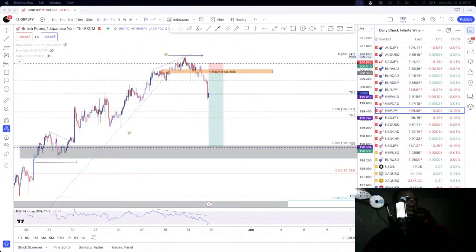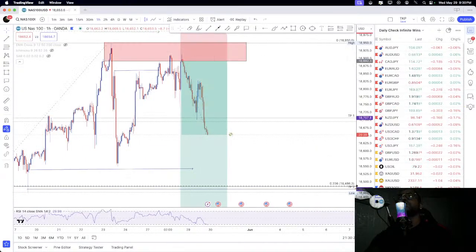We also took a NASDAQ 100 sell that dropped in profit. Let's see how that turned out. NAS 100.